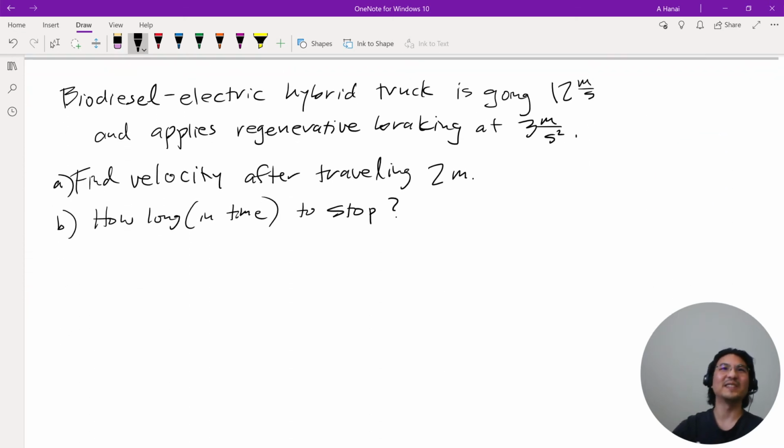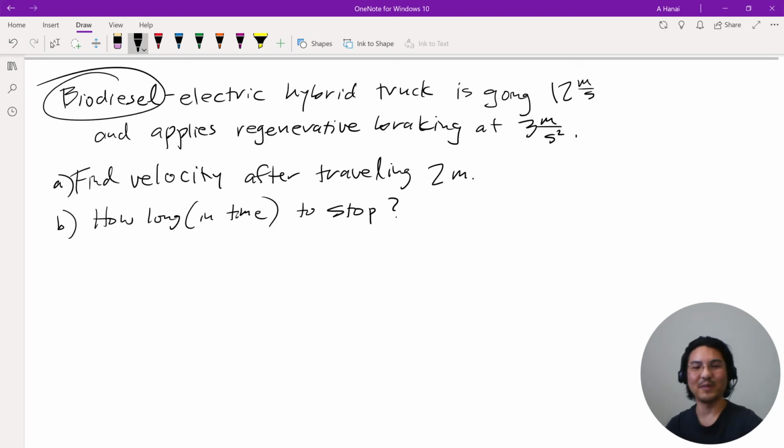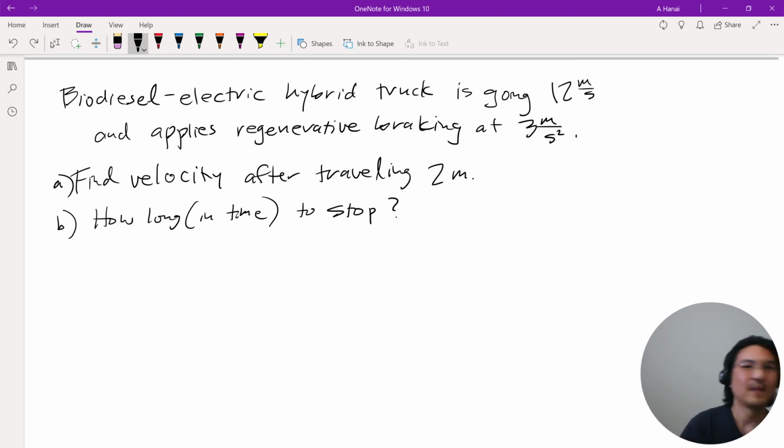Same strategy. So now let's say you're driving a truck, and this is not a full electric truck, it's like a hybrid. But the engine side of it really should be biodiesel, right? Made out of corn or algae. Okay, so same strategy.